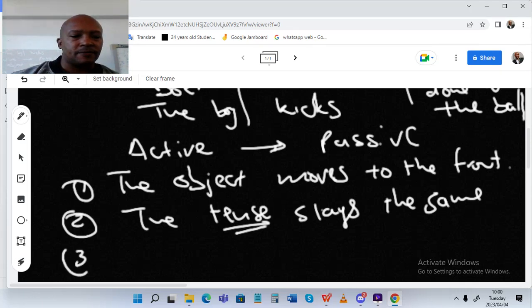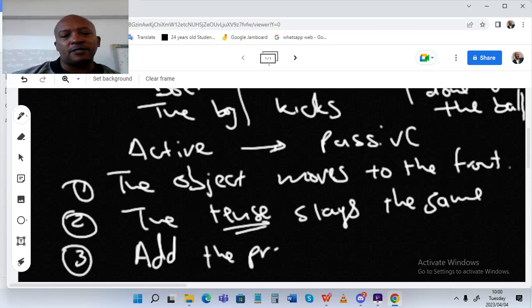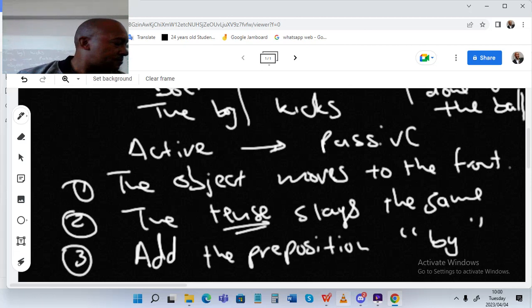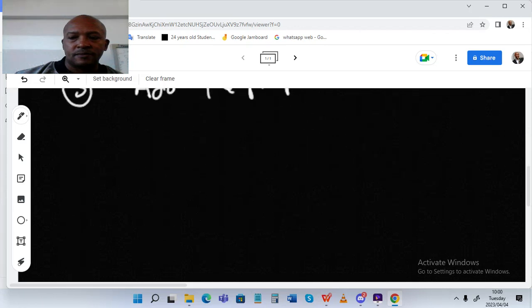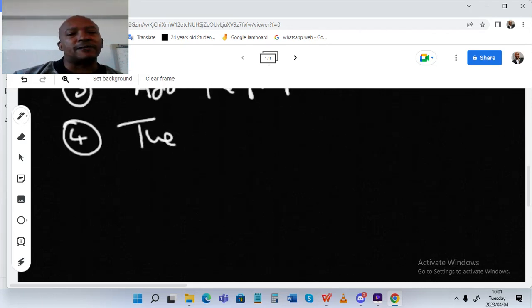3. Add the preposition by. Number 4, the verb changes.